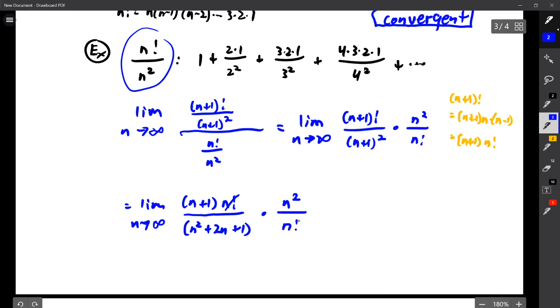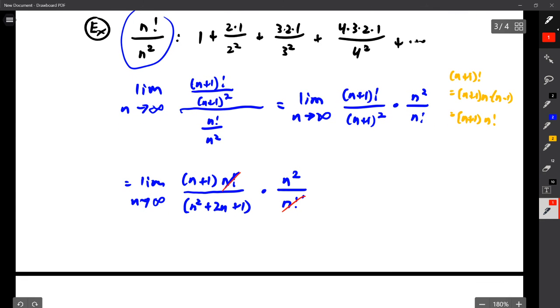My n factorial and n factorial cancel. So what am I left with? I'm left with this n plus 1 times an n squared.